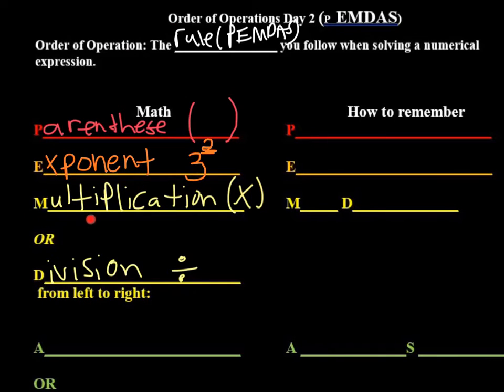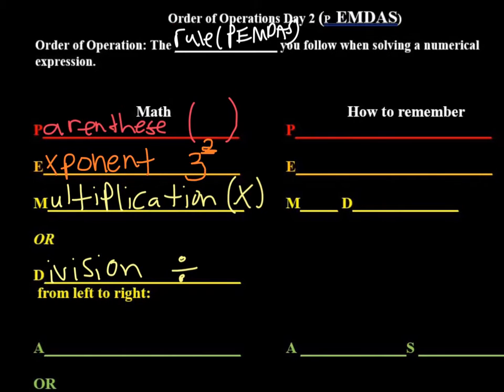If multiplication comes first from the left, then you do multiplication first. If division comes first from the left, then you do division first. The M and the D have no order. M does not come before D, and D does not come before M. You always have to start from the left and go to your right.